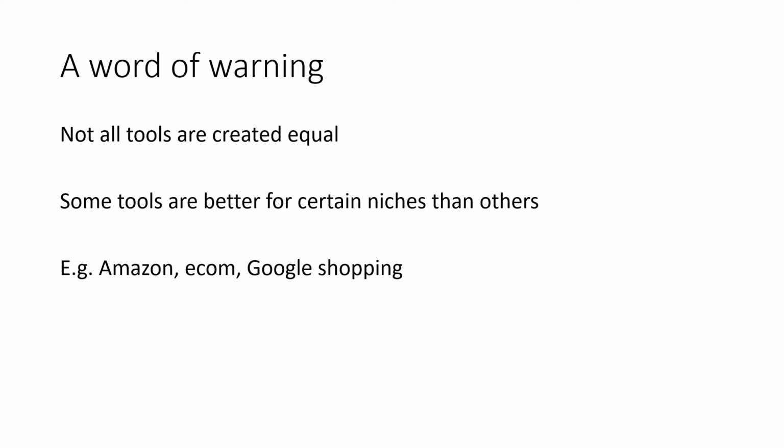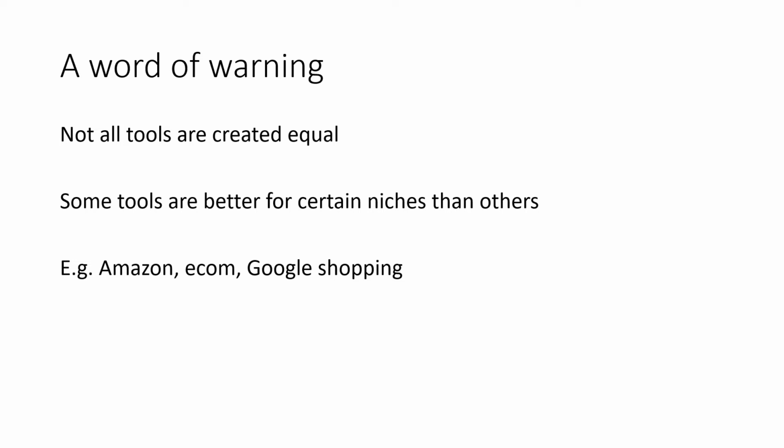Others are for Amazon, so if you want to get products to rank on Amazon, some tools are good at that. Other keyword research tools are good at helping you rank on Etsy. Some are good for e-com, so for example, they're good at giving you things like keywords you can rank for on Google Shopping. So when you're doing your research to find out the best keyword research tool for you, bear in mind what kind of keywords are you looking for.